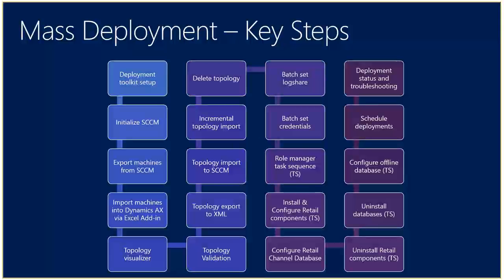Once you extract the list of all the machines that have been discovered, you can open this list up. This is a CSV file, so you can open it up in Microsoft Excel. Once you have this information available in Excel, you can then proceed to your forms in Microsoft Dynamics AX, where you can start defining the actual topology as you would like it to be.